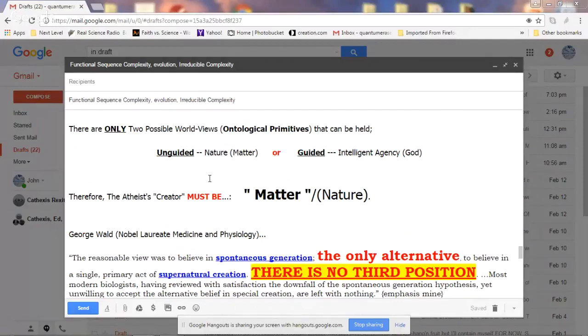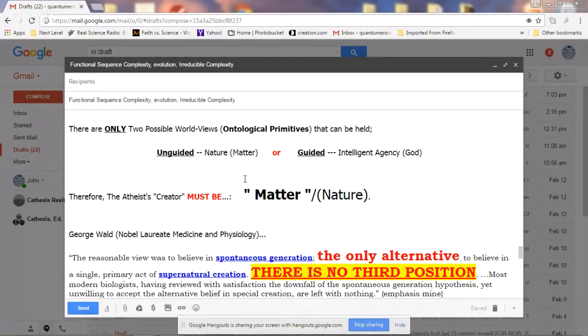As I said many times, there are only two possible worldviews or ontological primitives that can be held, that is, the reasons or rationales as to how us and the universe are here. There are only two potential causes: unguided nature or matter, or guided intelligent agency, or God. That's the only two.